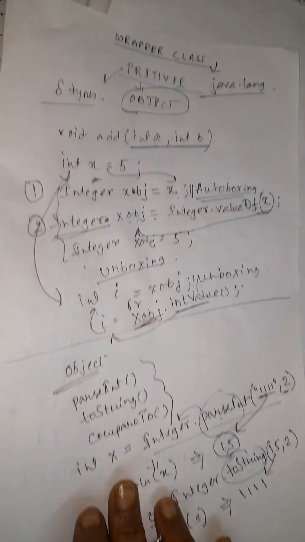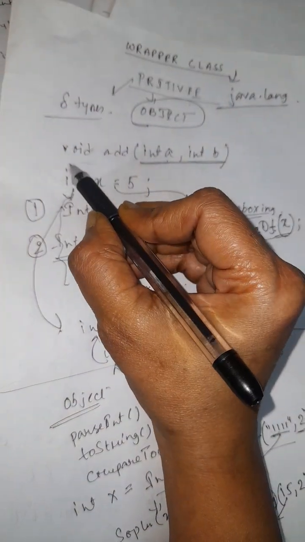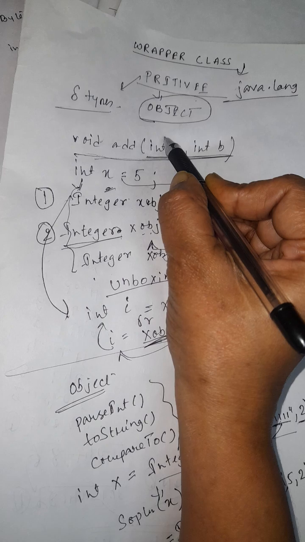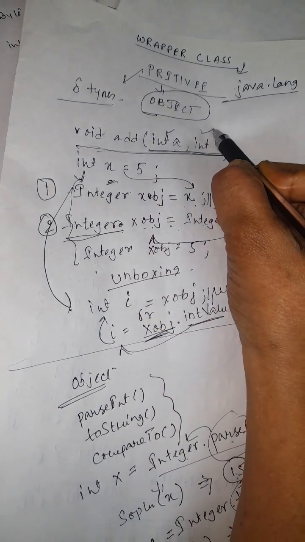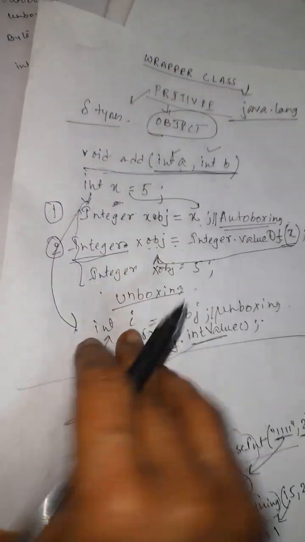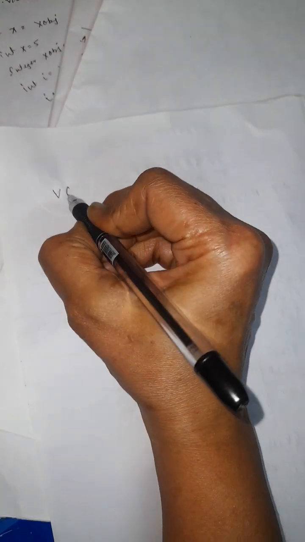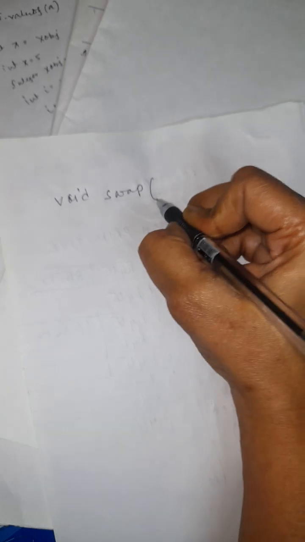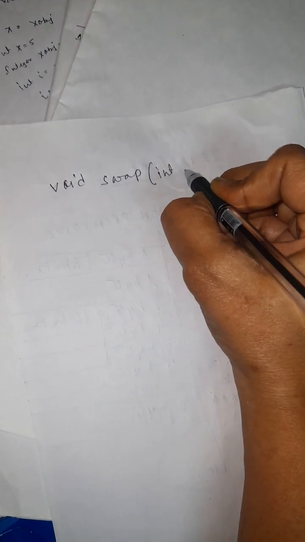Now one more important point. Just now we discussed the add function, where we pass a normal variable. Clear? One more example: void swap, all of you know that one is call by value, maybe int a comma int b. We can swap these values, so that is call by value.